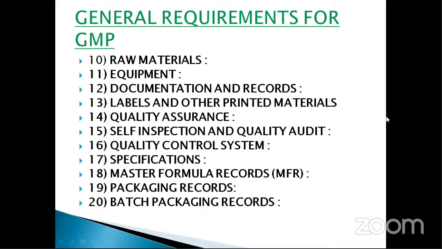So the licensee shall keep an inventory of all raw materials to be used at any stage and maintain records as per Schedule U. All incoming materials shall be quarantined, which I have already told you, immediately after receipt. All materials shall be stored under appropriate conditions. You have to see the condition for preservation of this raw material, and accordingly you have to store it. Then you have to take the sample.